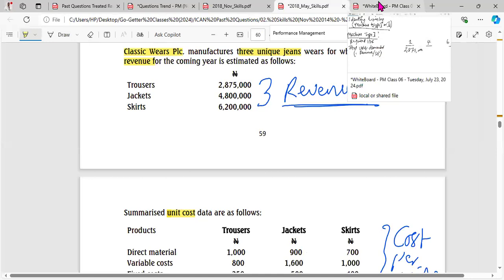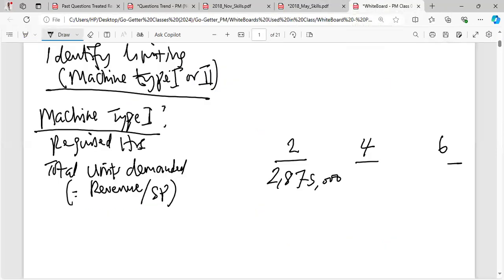Then the last one is 6,200,000. I need to give this one enough space to work.